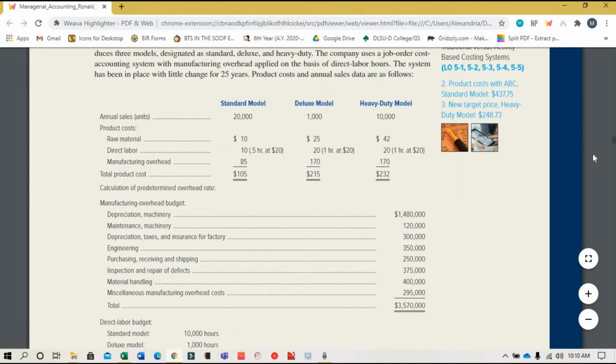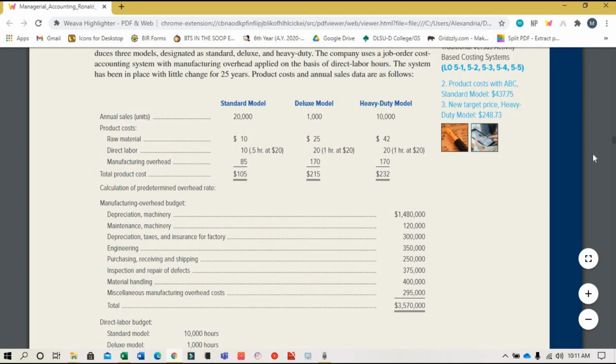For the standard model, the annual sales in units is 20,000. For deluxe, it is 1,000, and for the heavy duty model, it is 10,000. For the product costs, raw materials for the standard model is 10, deluxe model is 25, for heavy duty, it is 42. Direct labor for the standard model is 10, which is 0.5 hour at $20.